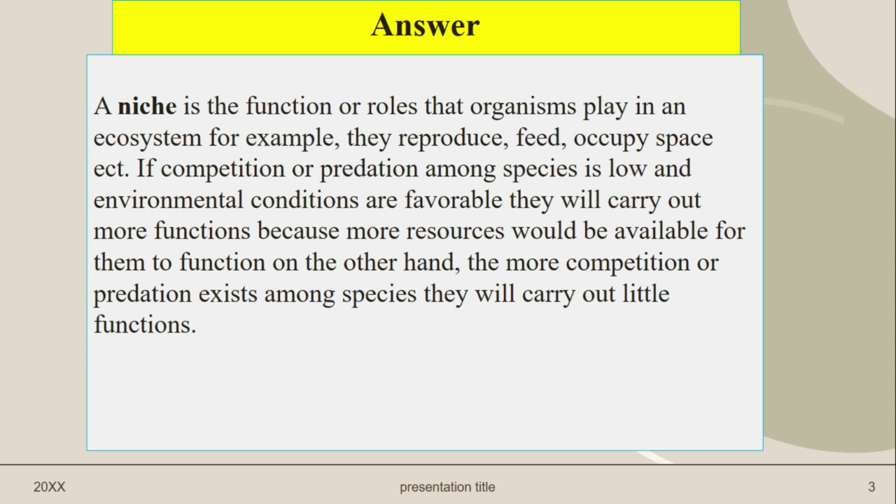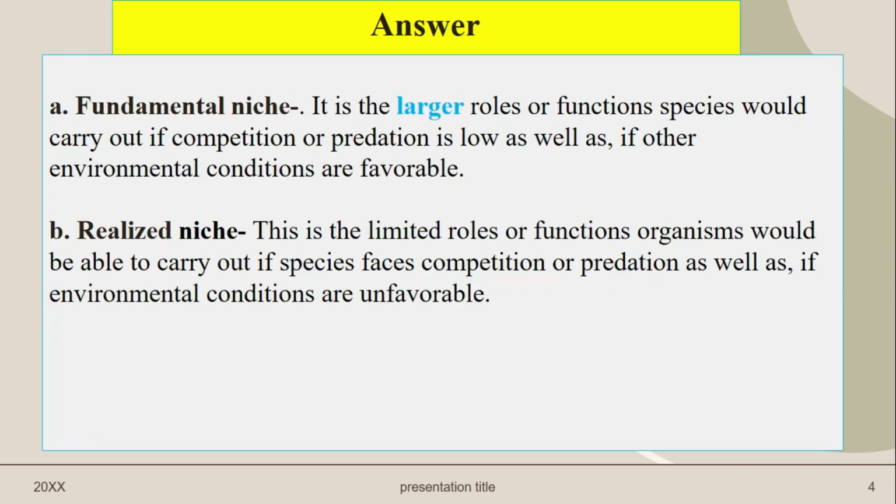If the competition is high, then the organisms will carry out little function, especially if one of the species is weak. That species will have little space to function. Both of them, if they are competing, share some of the resources and some of the space, then their function will be limited. That's what it is basically saying.